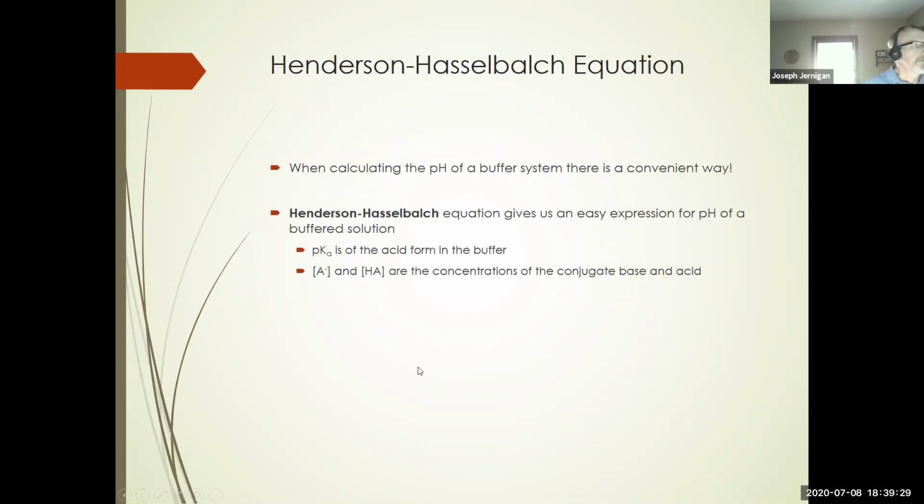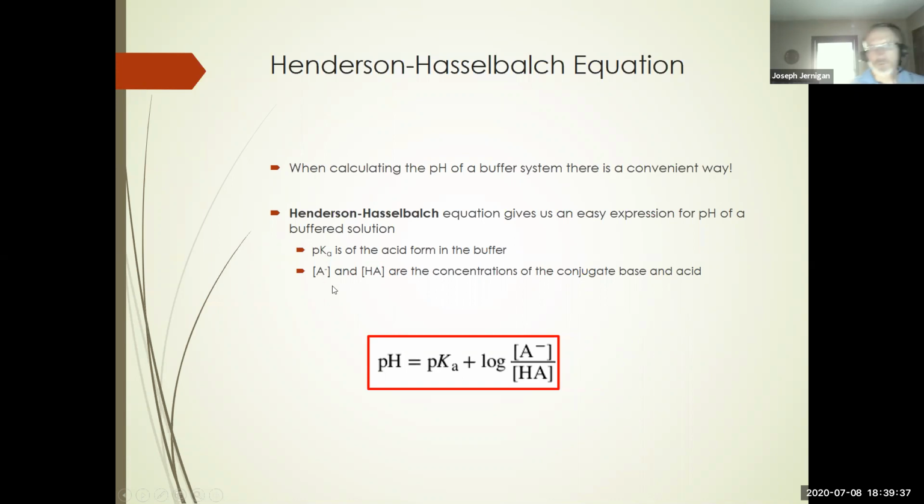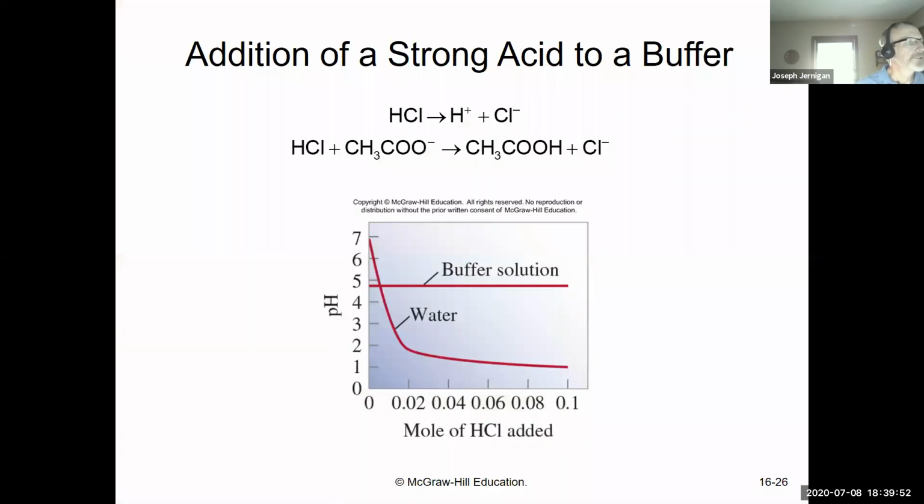In the Henderson-Hasselbalch equation, you can make a buffer by adding your weak acid and the conjugate base, which would be a salt of the base, right? You can add equal molar amounts, and you can create a buffer by simple addition of acid and base in equimolar amounts.